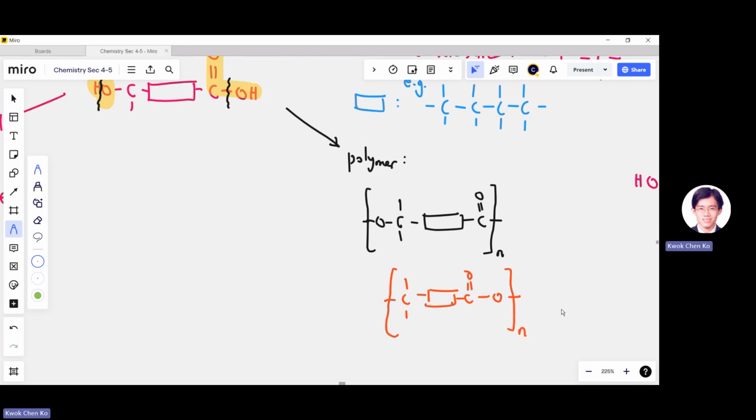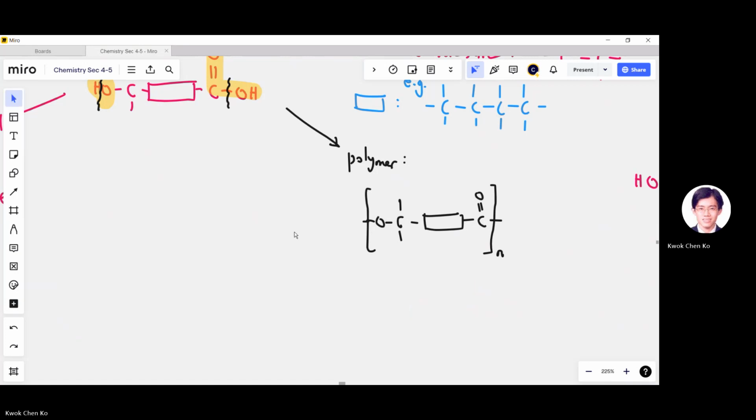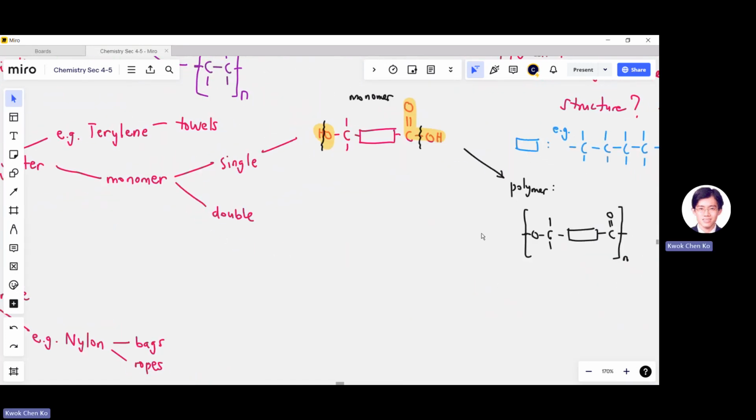Can you see what's different? So this is a common mistake. Just be careful. So where the oxygen is, is important. Okay, but let's go to the double version.